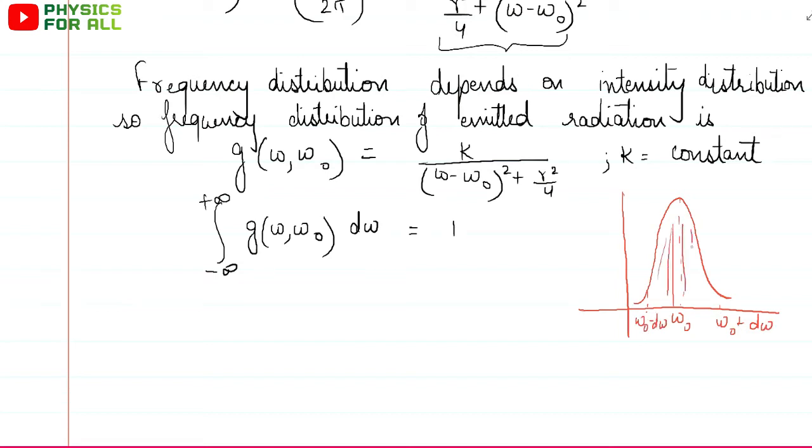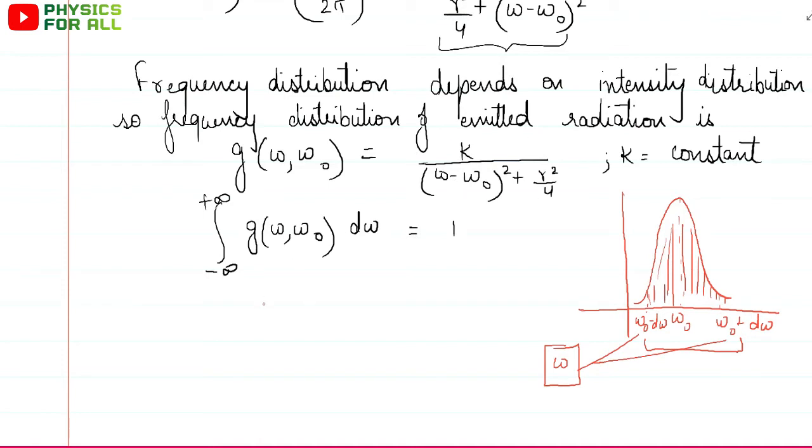All the photons that will be emitted will have frequencies between these two values, which represent omega. In the end, we will find the two values of omega: what would be omega naught minus d omega and what would be omega naught plus d omega. This is the main aim of this derivation. G(omega, omega naught) should follow this normalization condition always, and it depends on intensity distribution. So we have found the expression.